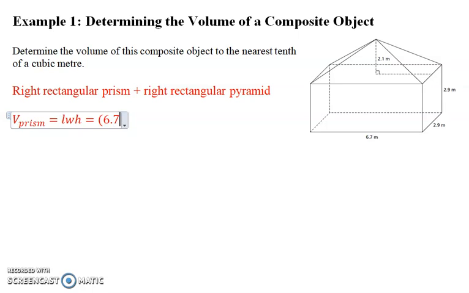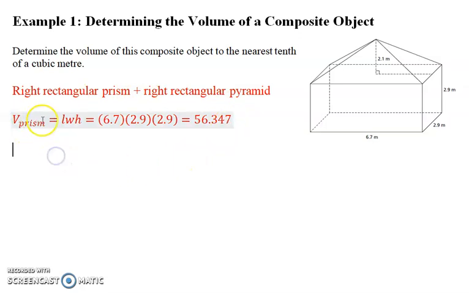They're all in meters, so we can just multiply the length, 6.7, times the width, 2.9, times the height, which is also 2.9. You multiply that on your calculator, 6.7 multiplied by 2.9 multiplied by 2.9, and you get 56.347. That number is a terminating decimal, so we'll just leave it for now.